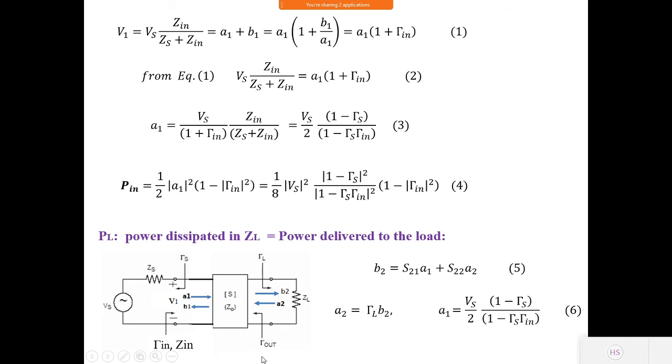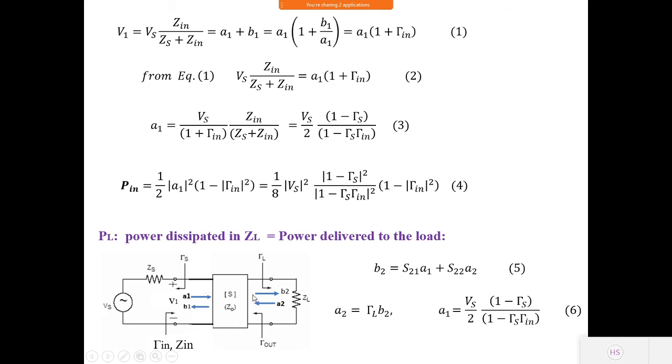In this definition of PL, tau L may not be matched with tau out. In such a case, what is the power delivered we obtained? Z out means the output impedance of this network, and it should be matched with ZL, then only maximum power will be delivered from the network to ZL.